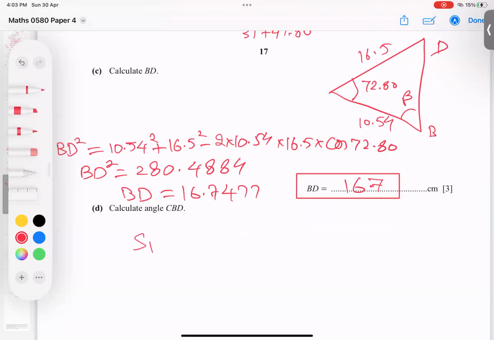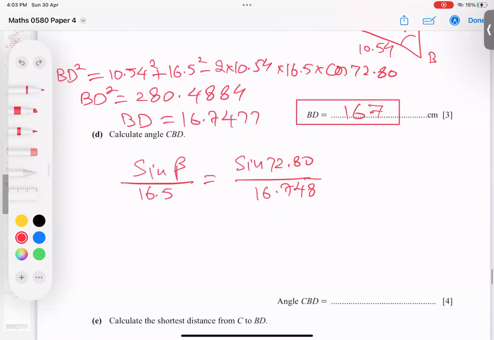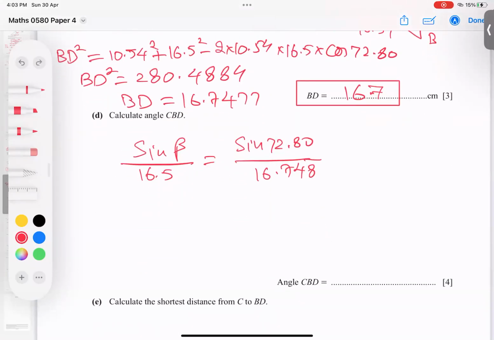So sine beta divided by the opposite side, over 16.5, equals sine 72.80, this one I'm copying, over the opposite side, we have it here. But I will take 16.7, the accurate answer. So it will go up. 16.5 into sine of 72.80, 16.748.